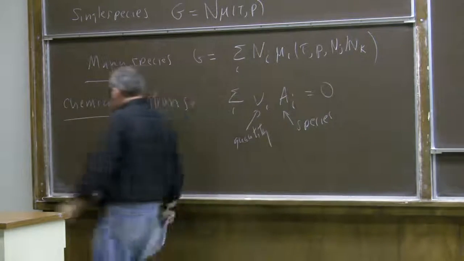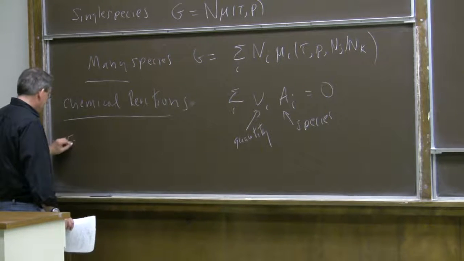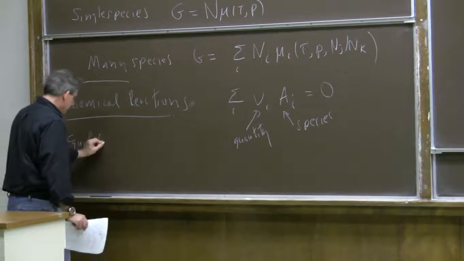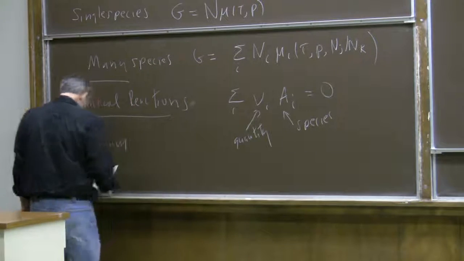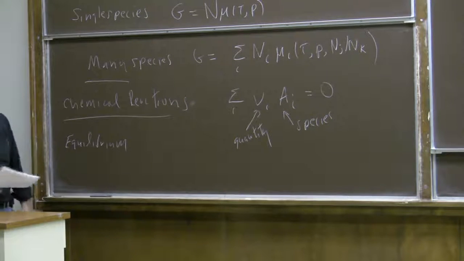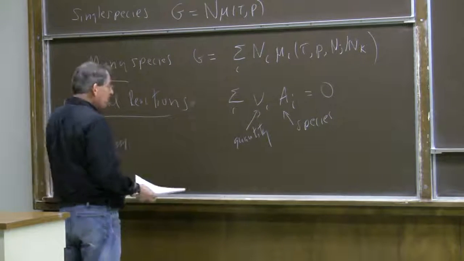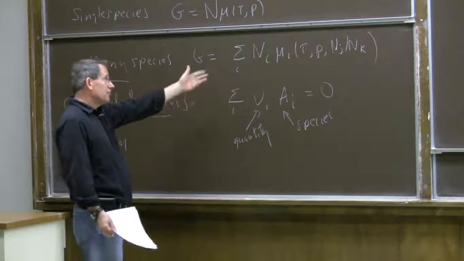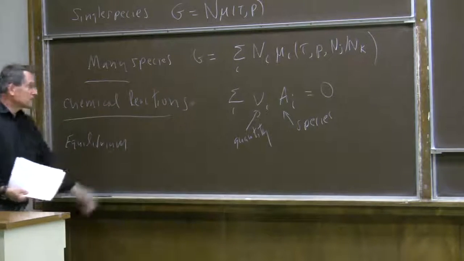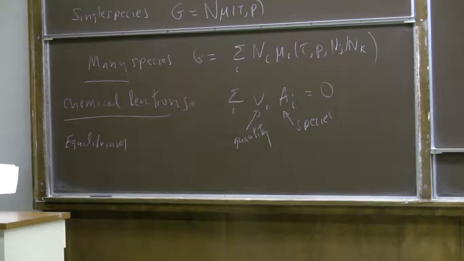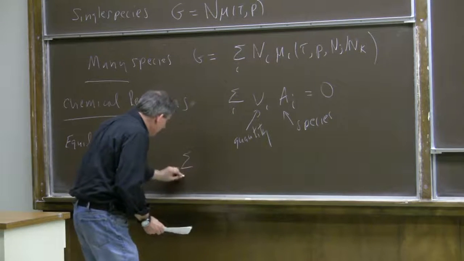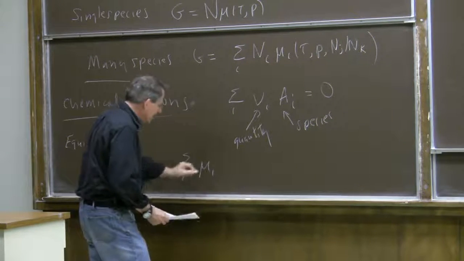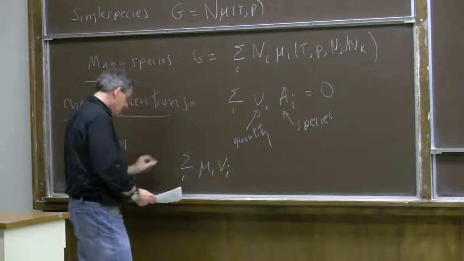And that means in chemical equilibrium, the requirement that the Gibbs free energy is at its minimum subject to the constraint on the different numbers of particles for the different species, which is imposed by the chemical equation, can be written as the sum over species of chemical potential of species i times nu_i equals 0.